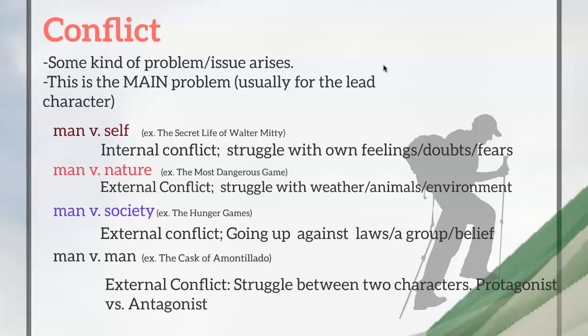So for example, let's talk about Rocky Balboa. Rocky Balboa overall is a movie where the conflict is man versus man because he fights the guy at the end, right? However, if you actually watch the movie, there's a lot of man versus self conflict within Rocky because at the beginning of the movie, he's not the greatest guy.